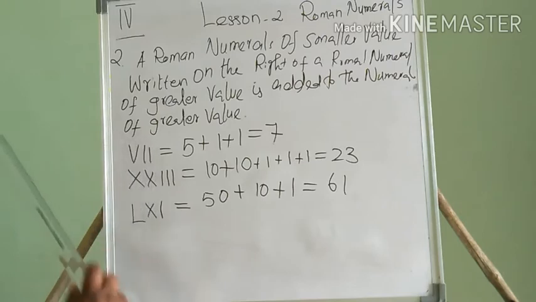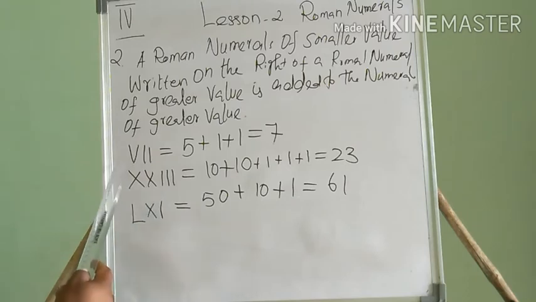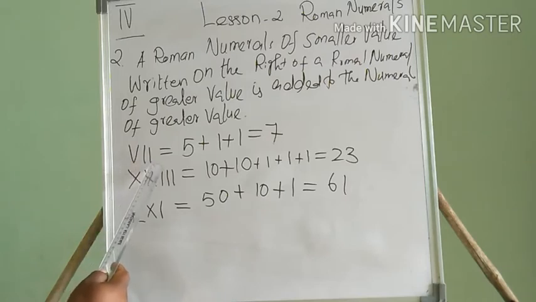These all are Roman numbers. In a Roman number, you can easily find out which is the largest number. If you take a single Roman numeral, what we call 5, then 1, this is also 1.